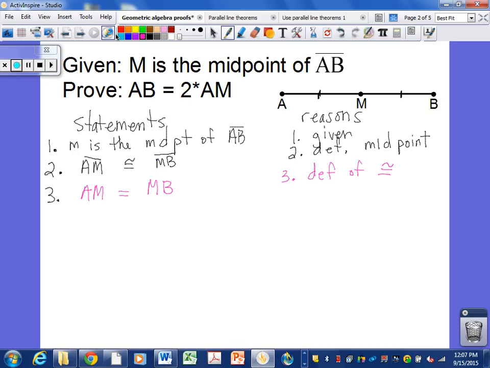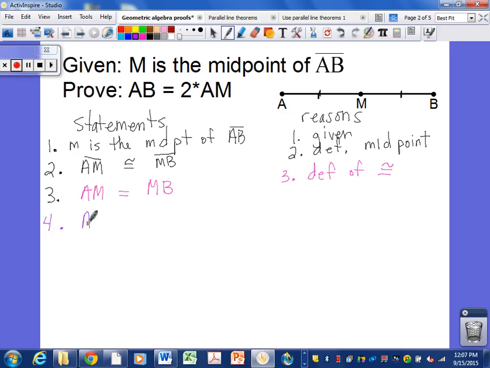Now, we want to have an algebraic relationship in here. So, can you think of an algebraic relationship that exists in this segment? Is there an addition problem or a multiplication problem or something that you can recognize from this picture? Yes, what is it? I think you're all saying the same thing, right?